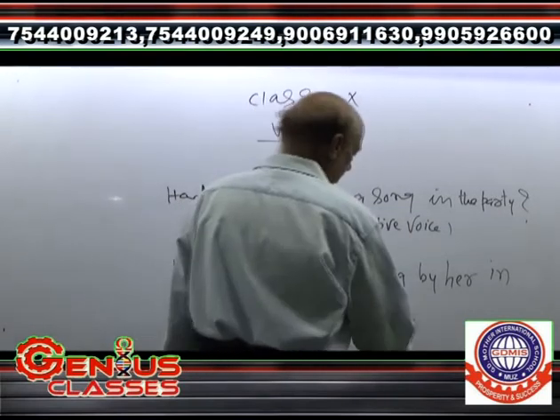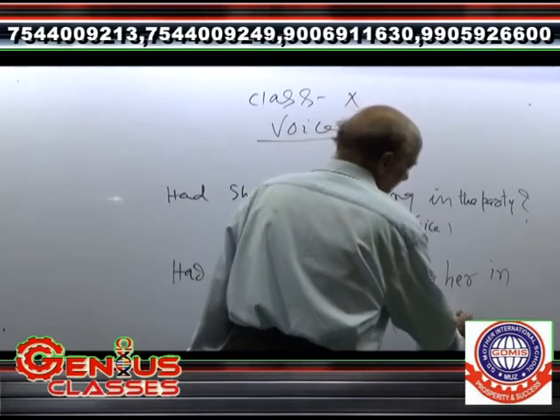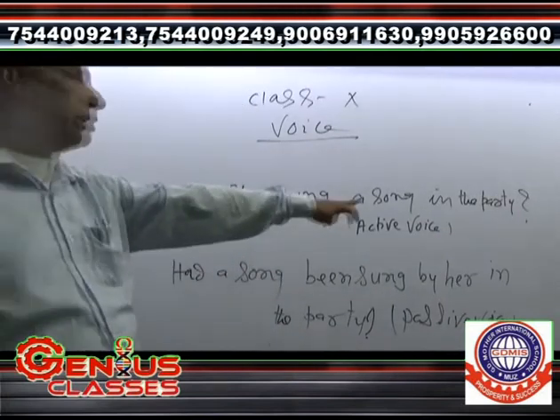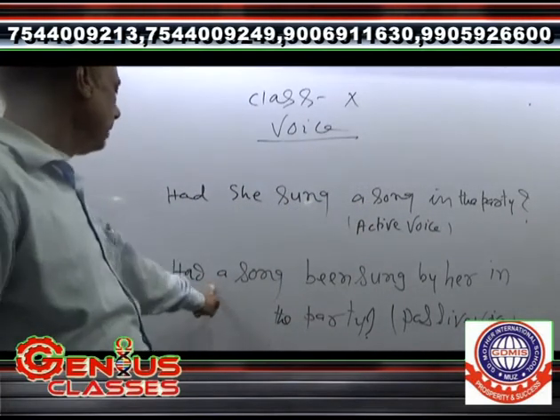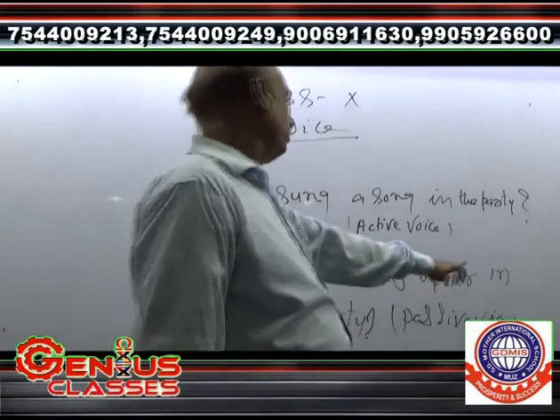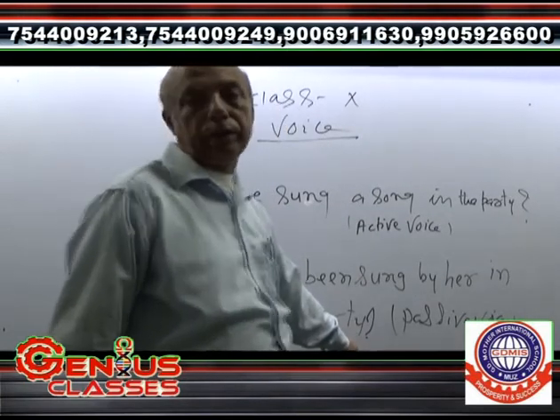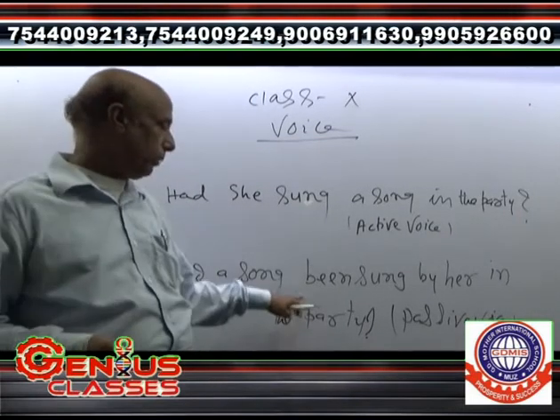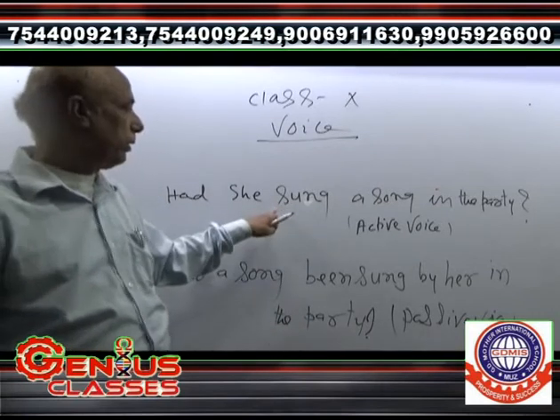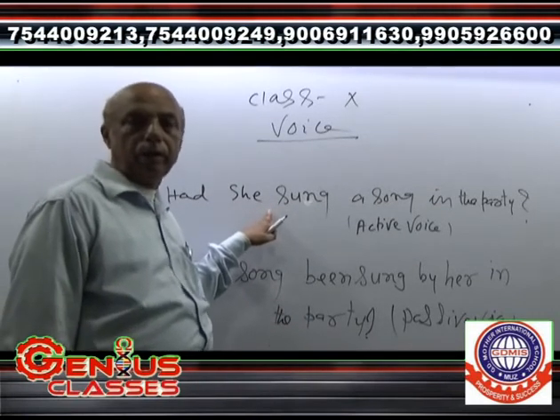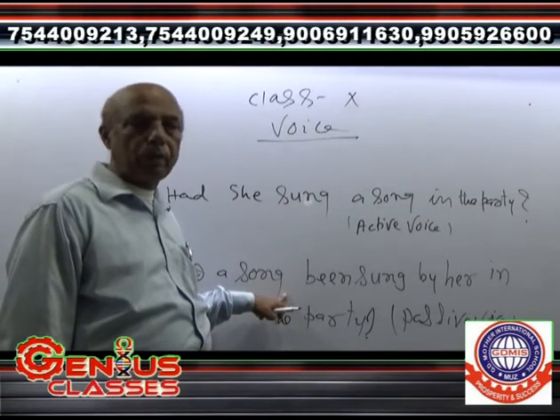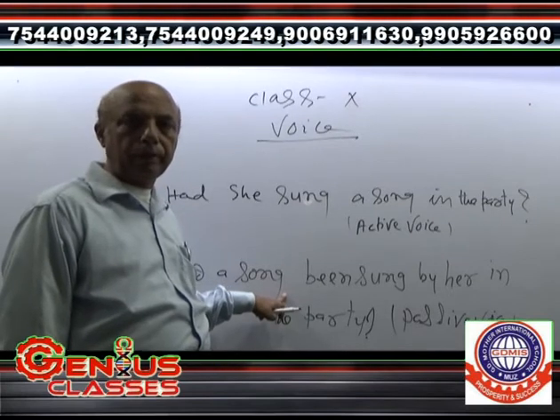It is in the passive voice. Had she sung a song in the party, active voice? Had a song been sung by her in the party? It means it is passive voice of the past perfect. It was in active in the past perfect. It has been changed into the passive of the past perfect by applying the rules that have been told earlier by me.